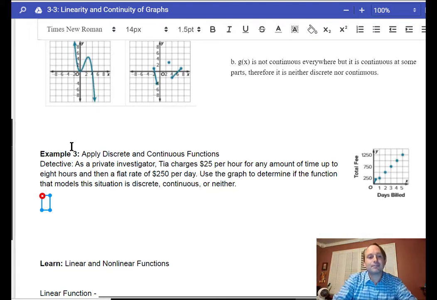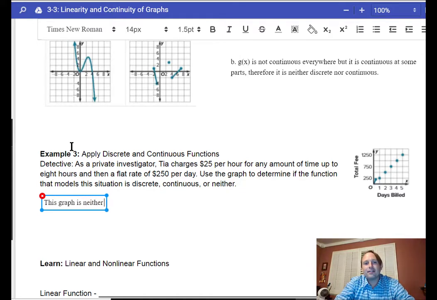So looking at this, since we see that it is continuous and then discrete, that tells us that this graph is neither discrete nor continuous.